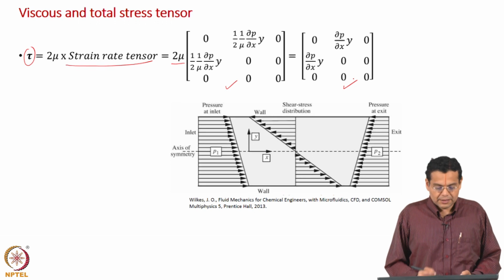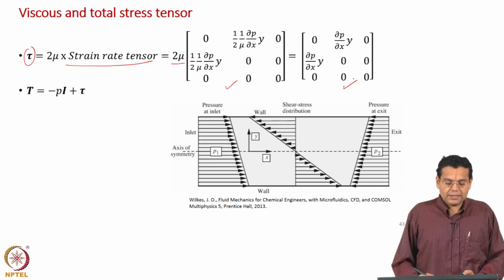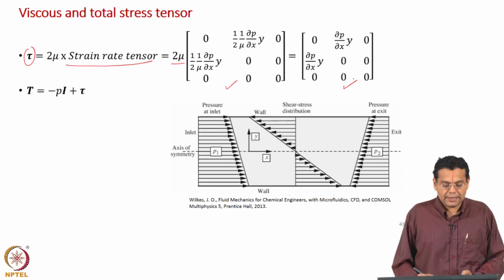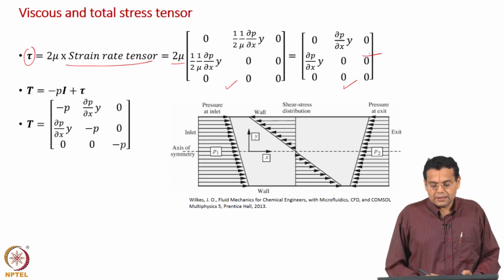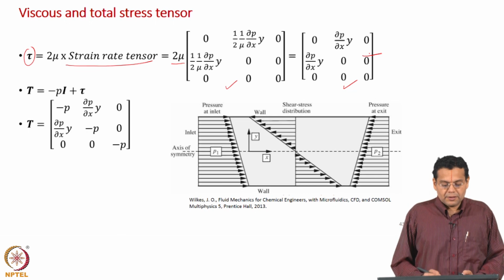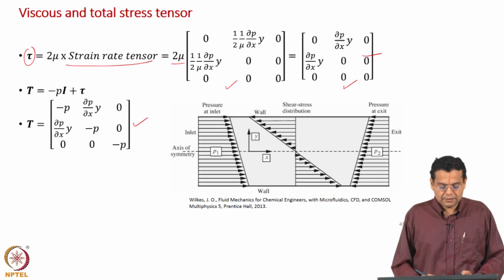The simple multiplication by 2 mu, and we can also find the total stress tensor by adding minus p to the diagonal elements. So this viscous stress tensor, including minus p along the diagonal, gives us the total stress tensor.